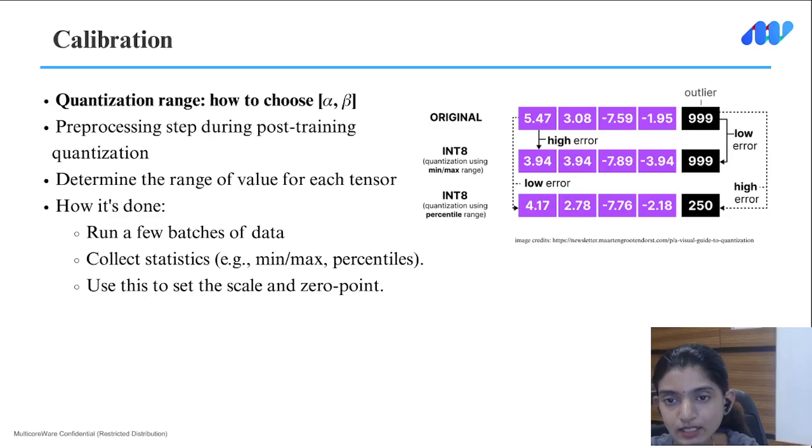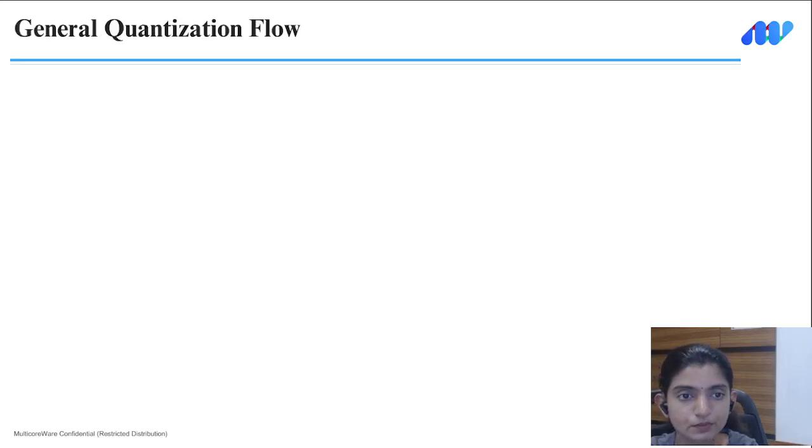At the same time, when we use the percentile method, it's 4.17, which is actually a very small error. So going forward with the percentile approach will be much better.